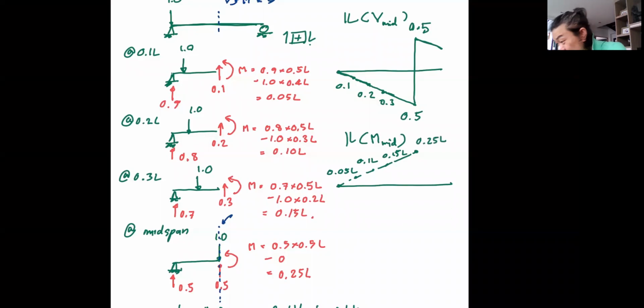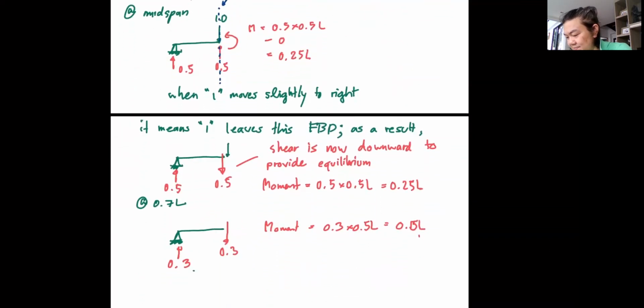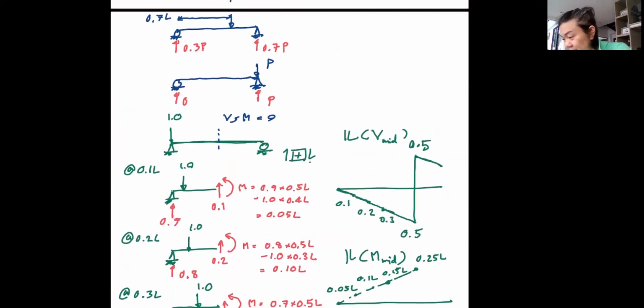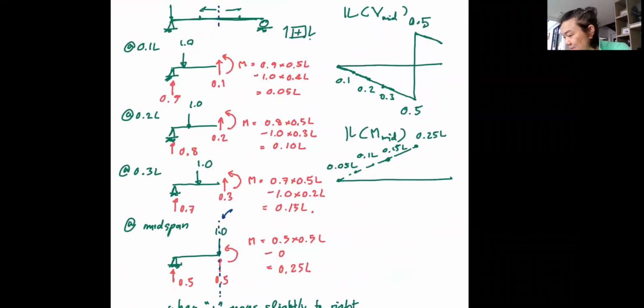And then at this 0.15 L, it's at the location 0.3. When I move it to 0.7 here, which is a mirror image, because if this is 0.3, 0.7 is the same distance from the midspan, at this location I also have 0.15 L. It gives us a hint that the influence line of the moment should be a mirror image.